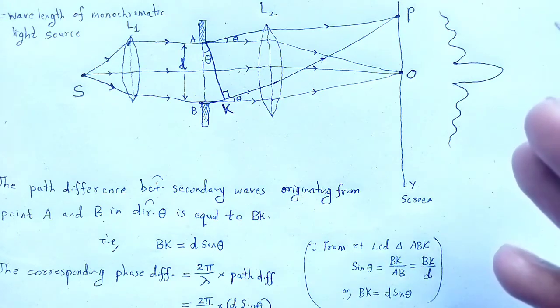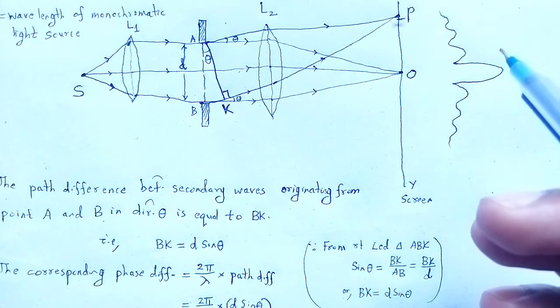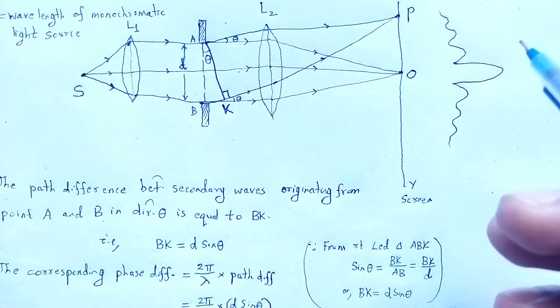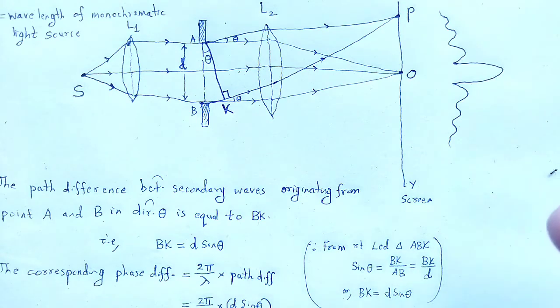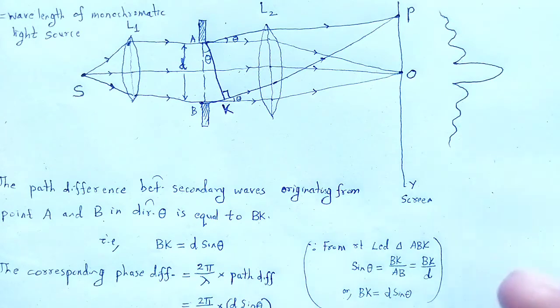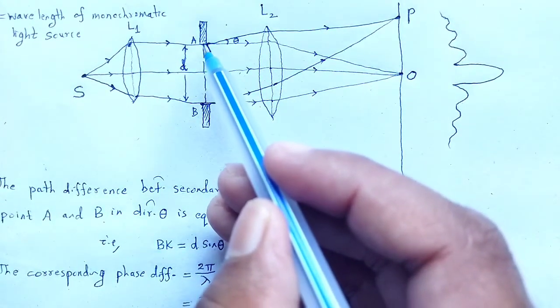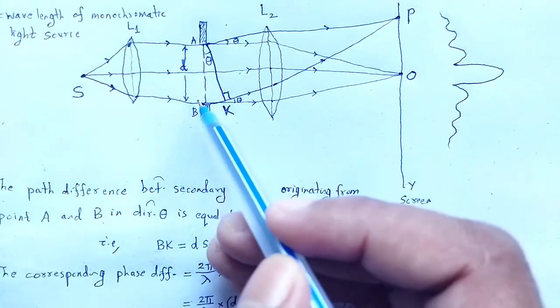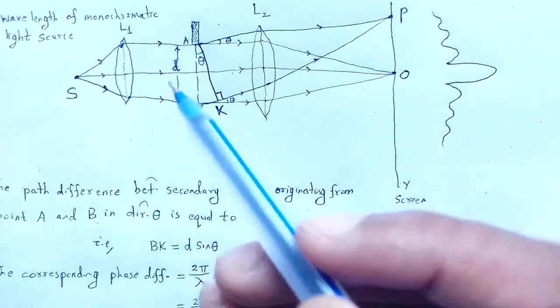First we calculate the resultant amplitude, then using the relation between amplitude and intensity, we get the resultant intensity. To calculate the resultant amplitude, let the width of the slit be divided into n equal parts.